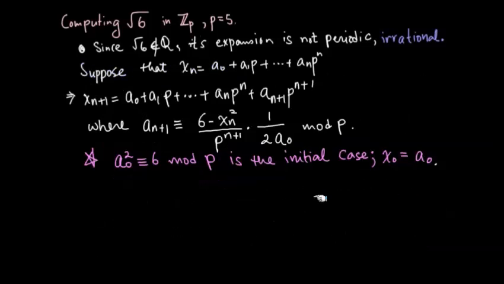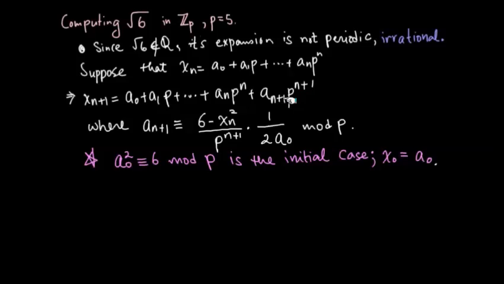So let me summarize it here. If you have xn, its congruence level up to p to the n plus 1 is correct, then xn plus 1 is its p-adic approximation up to p to the n plus 1.